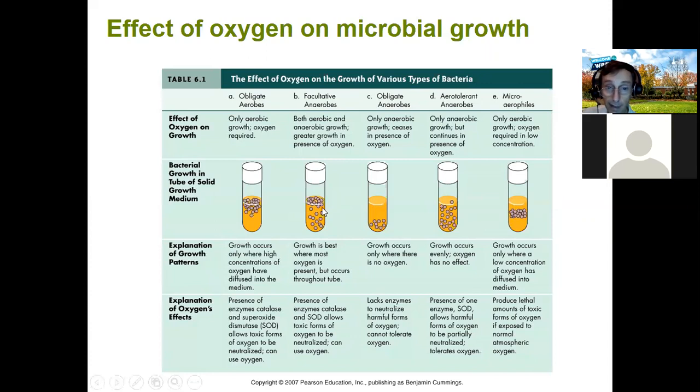And that's why you see the most growth at the top of the tube. But as you go down in the tube, you'll get less and less growth, but you will get growth everywhere in the tube.